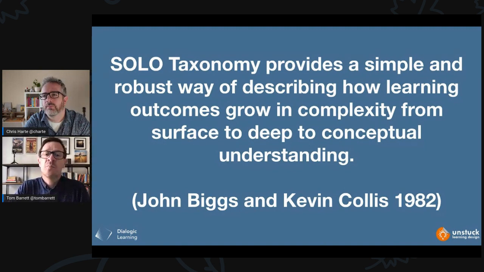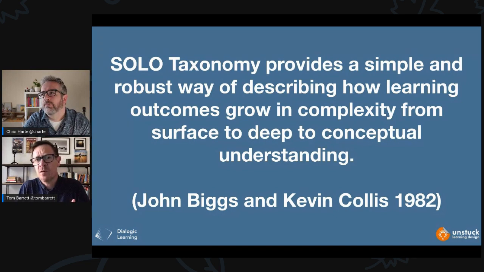John Biggs and Kevin Collis back in the early 80s developed the SOLO taxonomy, this particular framework. And I just want to dwell a little bit longer on the way that they describe what the taxonomy provides us. If you have a quick look at the text here that's up on the screen.